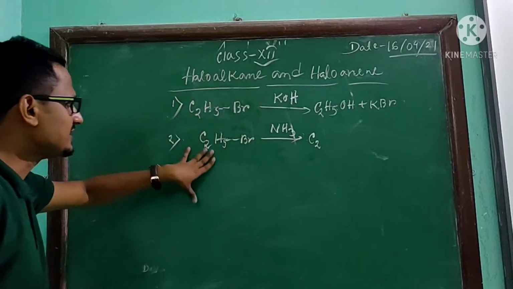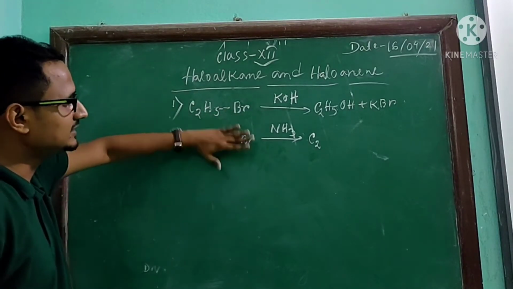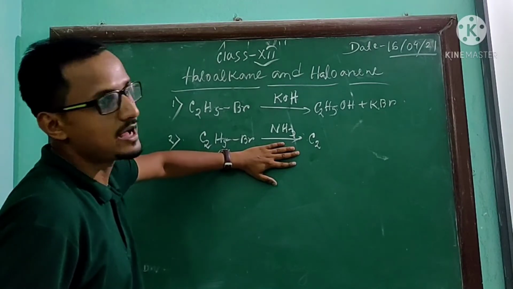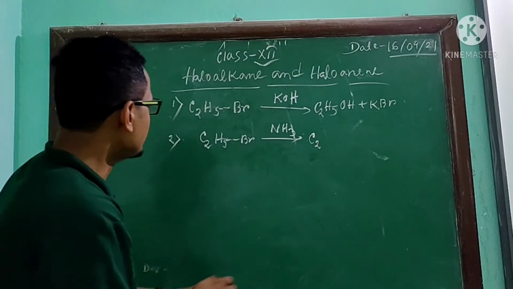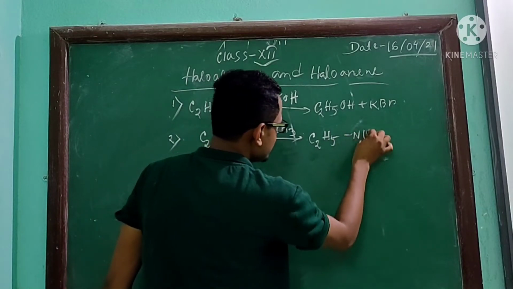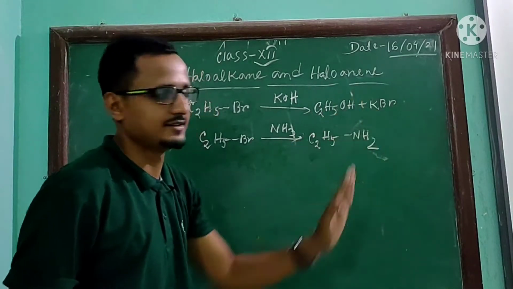Another reaction: when C2H5Br, the same haloalkane, reacts with ammonia, it will form an amine, that means C2H5NH2. This bromine will be replaced by the NH2 group, and simultaneously we will get HBr.